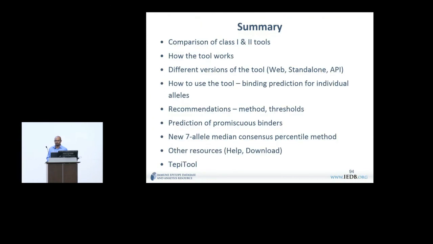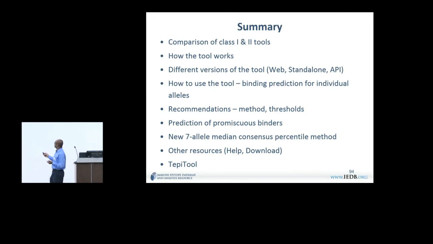So that's it. Any questions? So we went through the comparison of class 1 and class 2 tools. There are some differences between the class 1 and class 2 tools, and we went through that and saw how the tool works, and we went through all the different recommendations and different versions of the tool. We have the online or web interface, and we have the standalone version and tools or API.